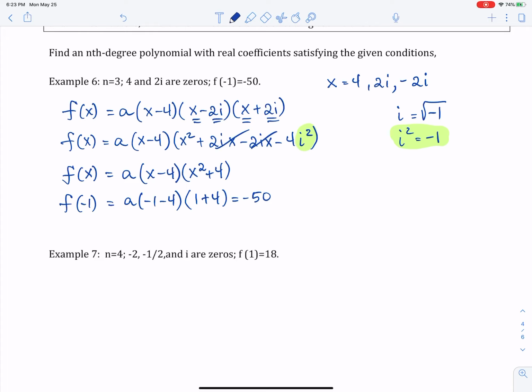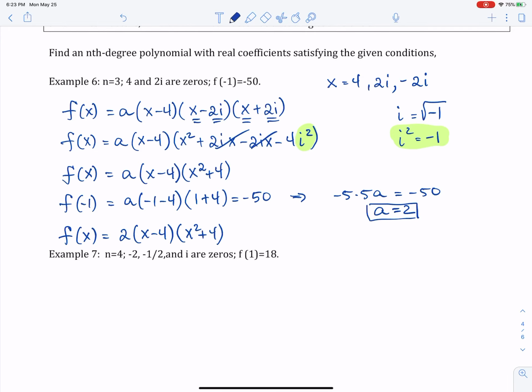So that means negative 5 times a needs to be negative 50. It looks like a must be 2 for this to be true. So my polynomial then looks like f of x equals 2 times x minus 4 times x squared plus 4.